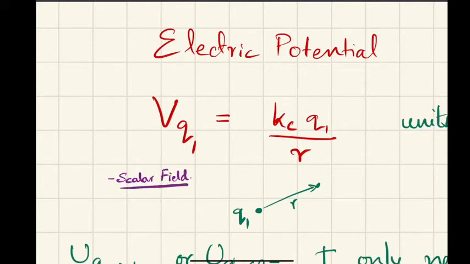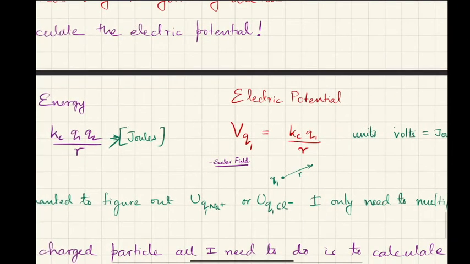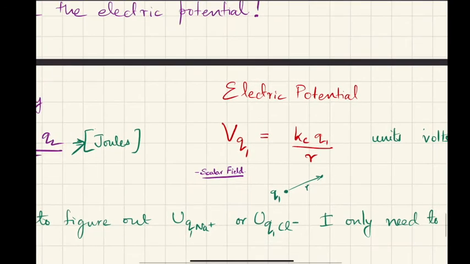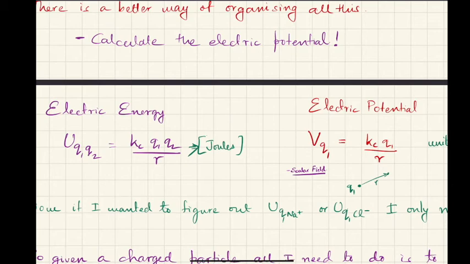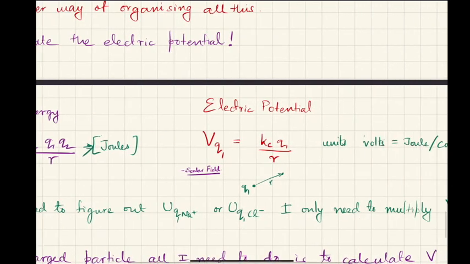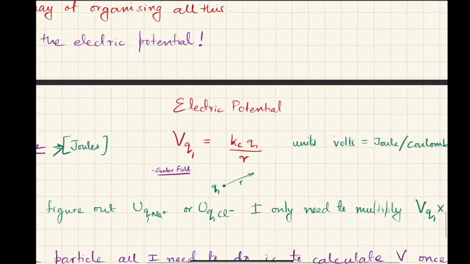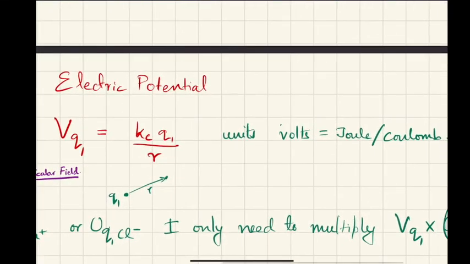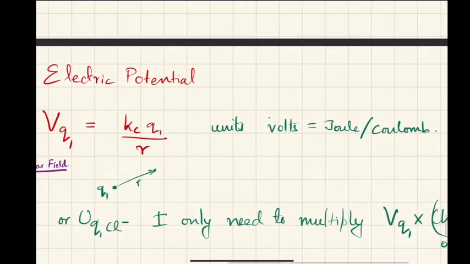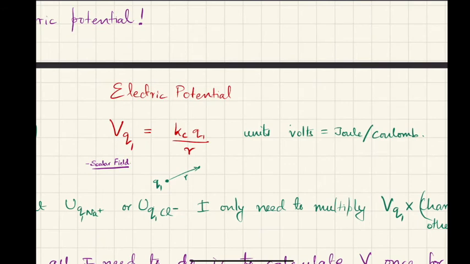We'll understand what exactly we mean by scalar field later on in class. But for the time being, let's compare our two definitions. Electric energy is defined this way and is measured in joules. Electric potential, if you do a bit of dimensional analysis, you will see is defined in units of joules per coulomb, which is volts.